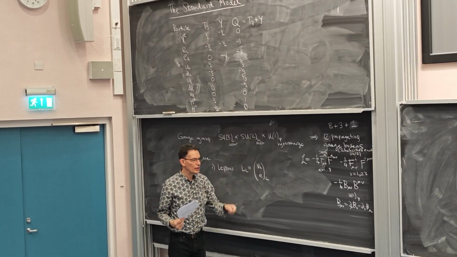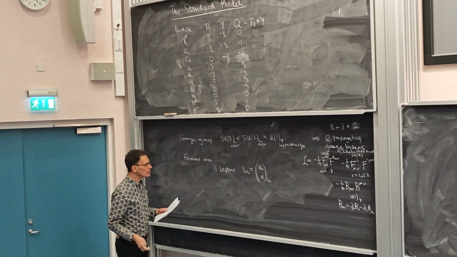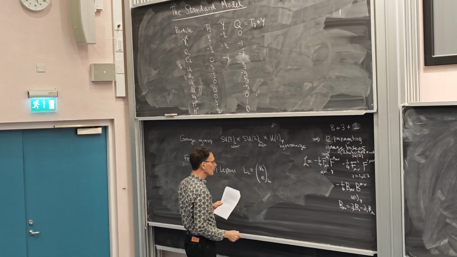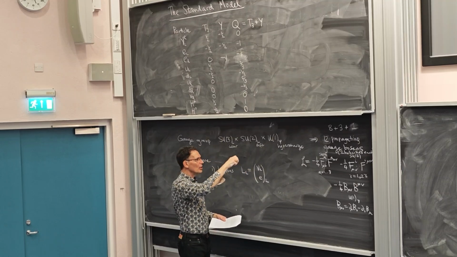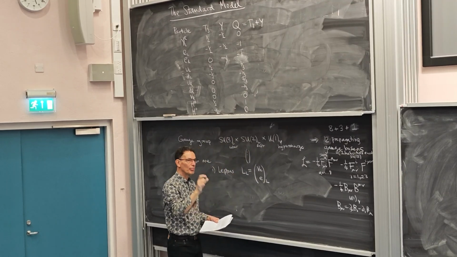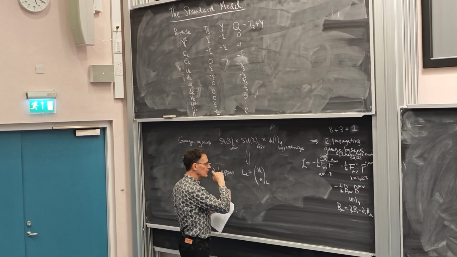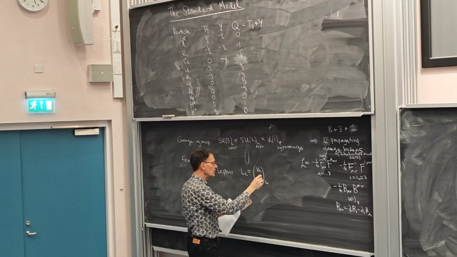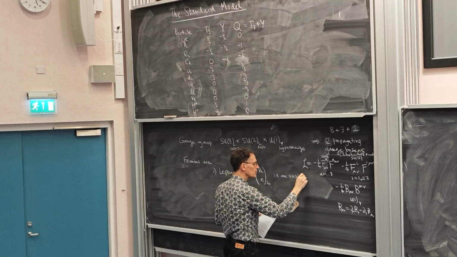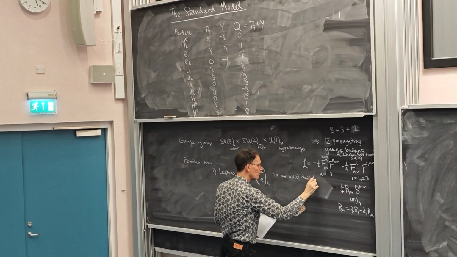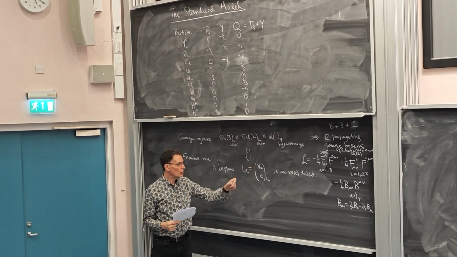So you should think of each one of these as a 2-component spinor under Lorentz transformations. You can describe it in 4-component notation, but then only 2 of the 4 components would be non-zero. This is an SU(2) doublet. Okay, so the left-handed fermions transform as doublets.